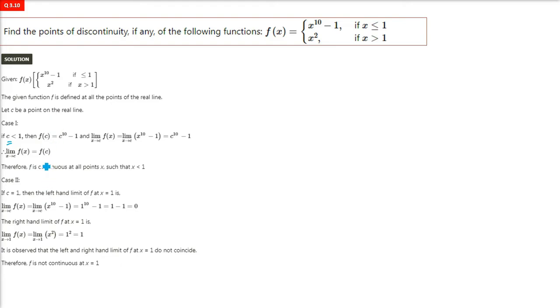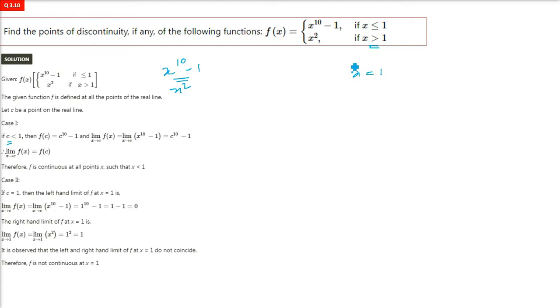This is also a way to solve this type of question. But we'll follow the same procedure we used in the earlier discussions. So x^10, 1, x square, x^10 minus 1, all these are continuous. But we'll check the discontinuity at x equals 1.